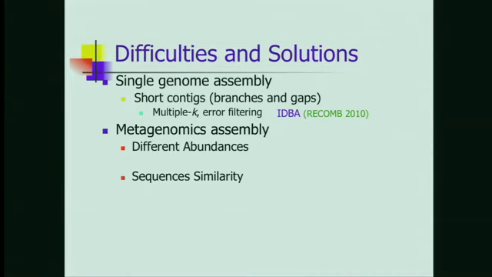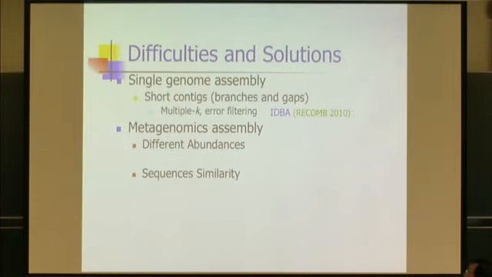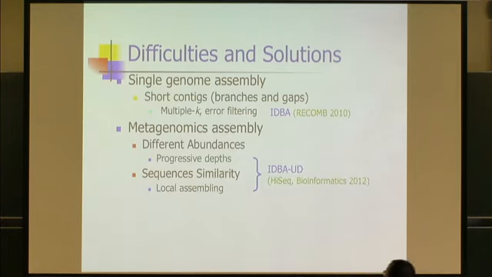And for metagenomic assembly, we have more problems. For example, we have different abundancy, which can range, for example, 300 times difference. And also the sequence similarity. For example, closely related species are very similar. We approach the similarity using progressive depth and local assembling, and this is implemented in the IDBA UD.